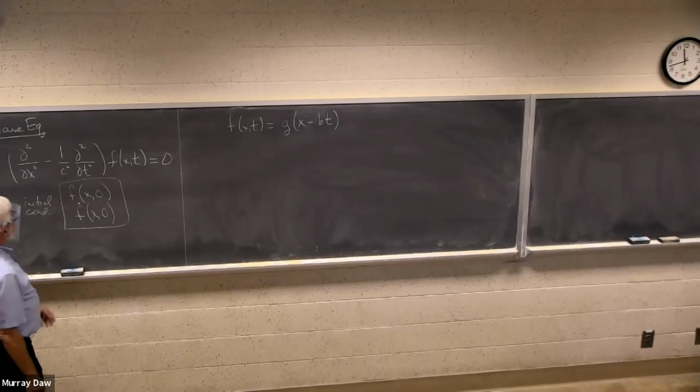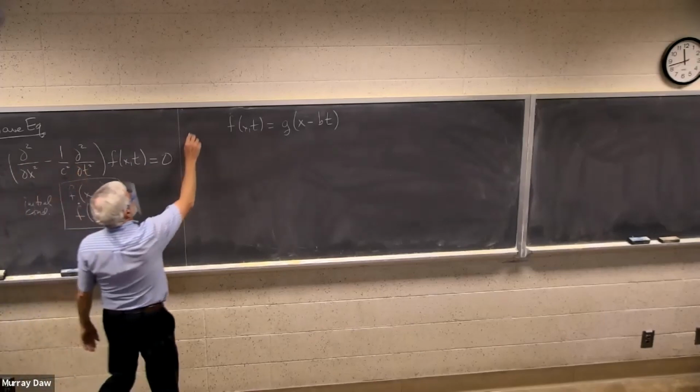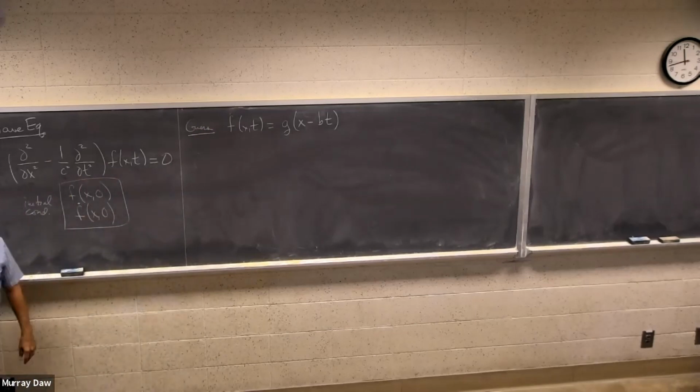Now I need to take the two derivatives here in order to substitute it in. This is a guess, and there's only one parameter in this guess, b. Is there a value for b such that this will be a solution? And then we'll study this solution. This is a very general solution.